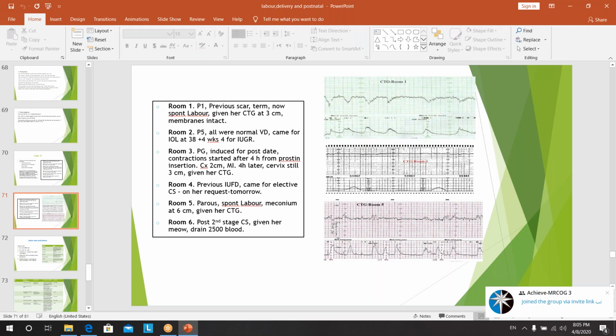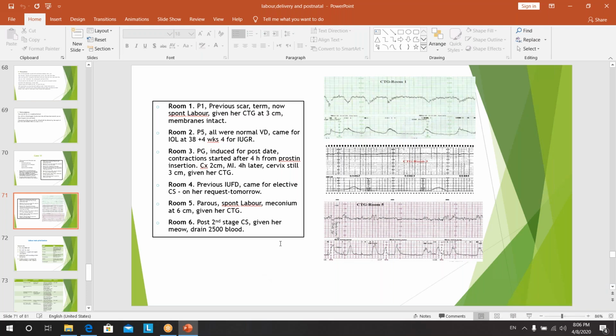Okay. Well done, Dr. Jamila. You still have time, but you managed to finish in time. Labor ward prioritization is a very tricky task, and in the exam you may not find time to finish all the scenarios.